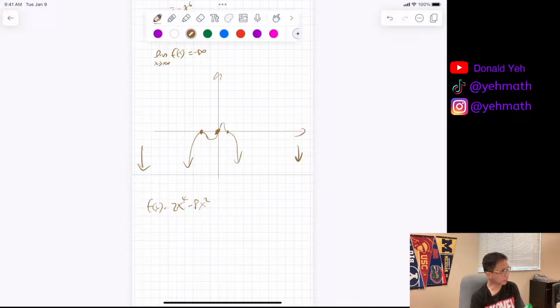Do you know how to graph it? 2x to the fourth minus 8x squared. I'm not making anything up. I'm just taking from your old test.